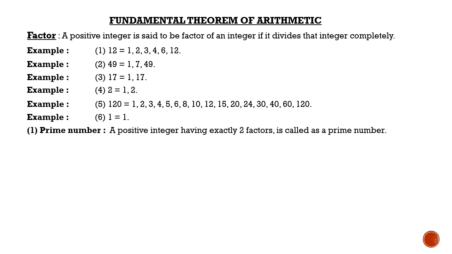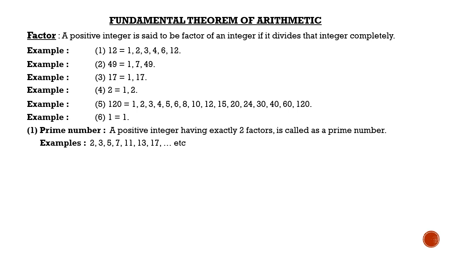From the above six examples, we can say that 2 and 17 are prime numbers because they have exactly two factors. Some examples of prime numbers are 2, 3, 5, 7, 11, 13, 17. All these numbers have only two factors, that is 1 and the number itself.